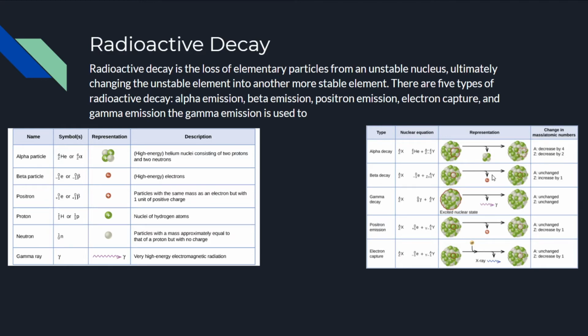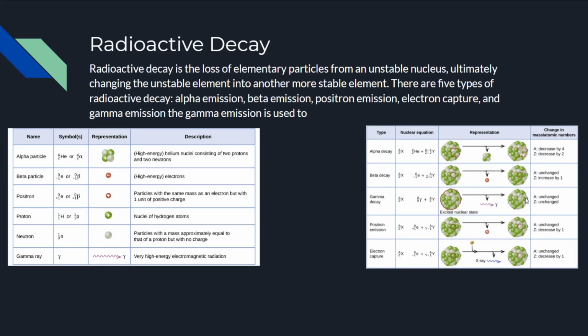For alpha emission, your mass number is going to decrease by 4, and the atomic number is going to decrease by 2. For a beta decay, it's going to be the beta symbol, your mass number is unchanged, and your atomic number is going to increase by 1.